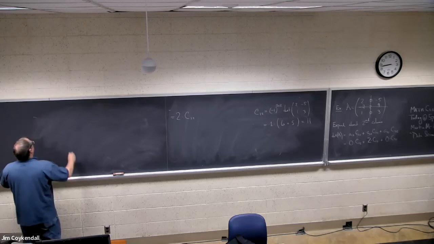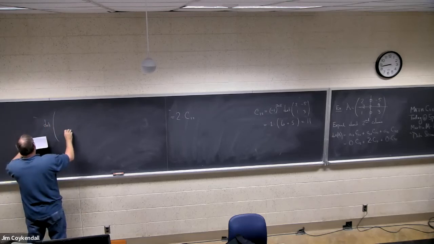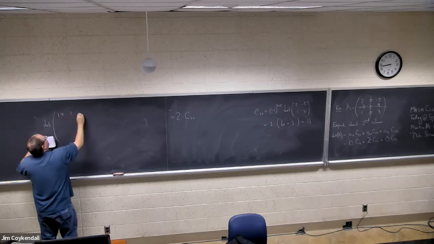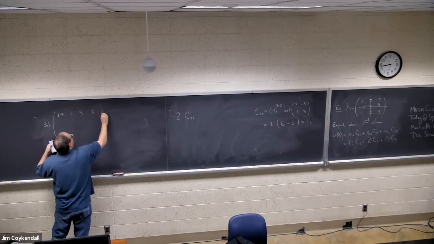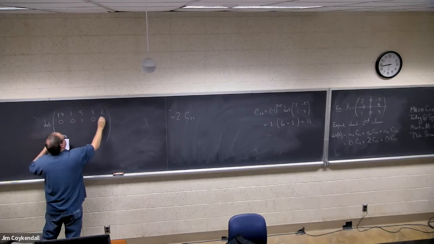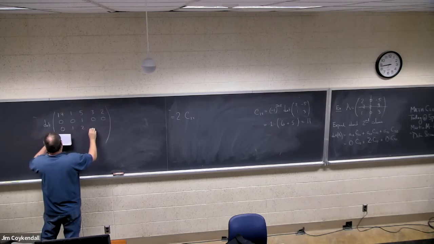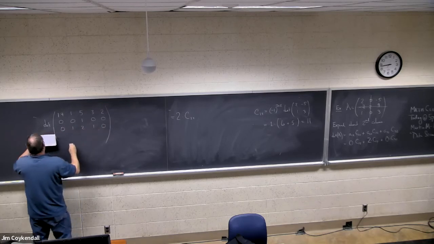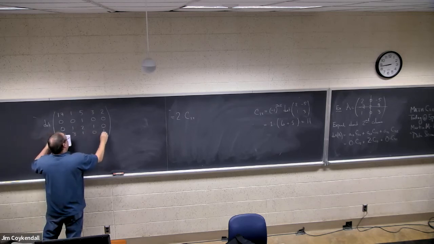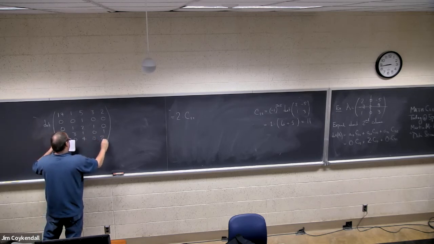So let's determine the determinant of this matrix: 1, 7, 1, 5, 3, 2; 0, 0, 1, 0, 0; 0, 1, 2, 1, 0; 0, 3, 1, 0, 1; and 0, 0, 4, 0, 2.